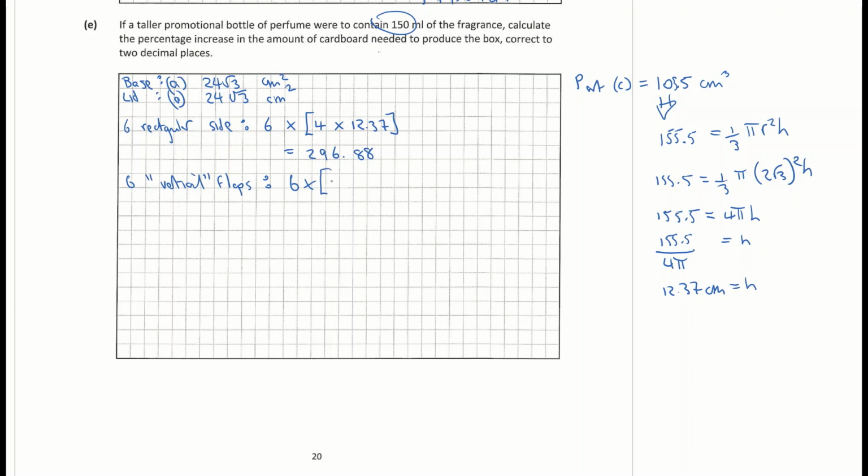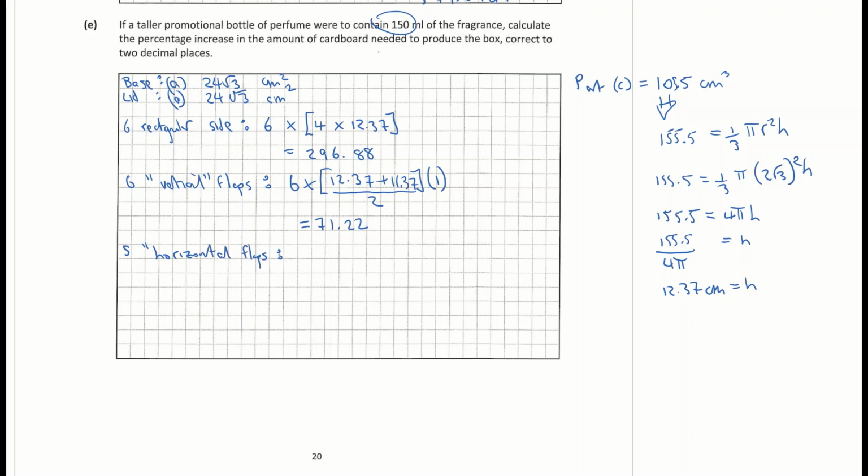Now it's not going to be 8.4, it's now 12.37 plus 11.37, because again, remember that there's 1 centimeter triangles cut off each length. So I'm getting the average of those two lengths, so divide by 2, and I need to multiply that by the width, which is 1 centimeter. And that's giving me 71.22.